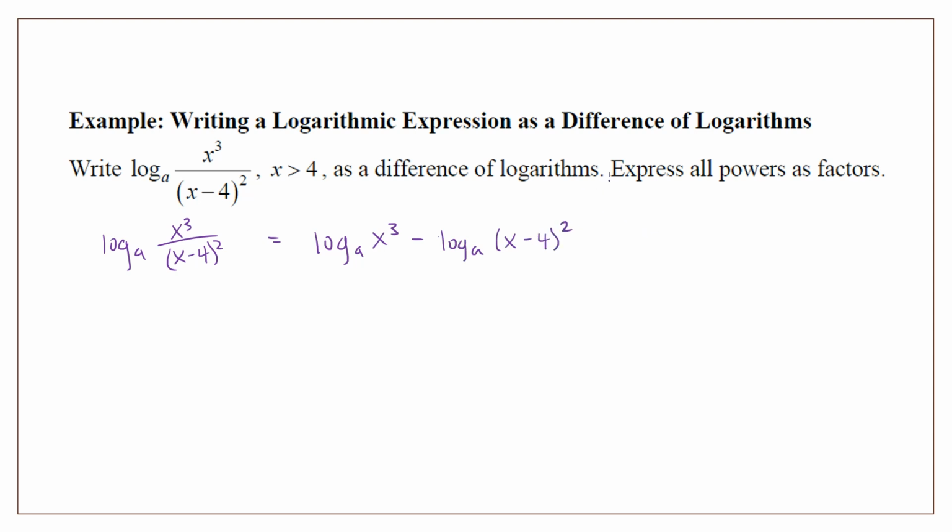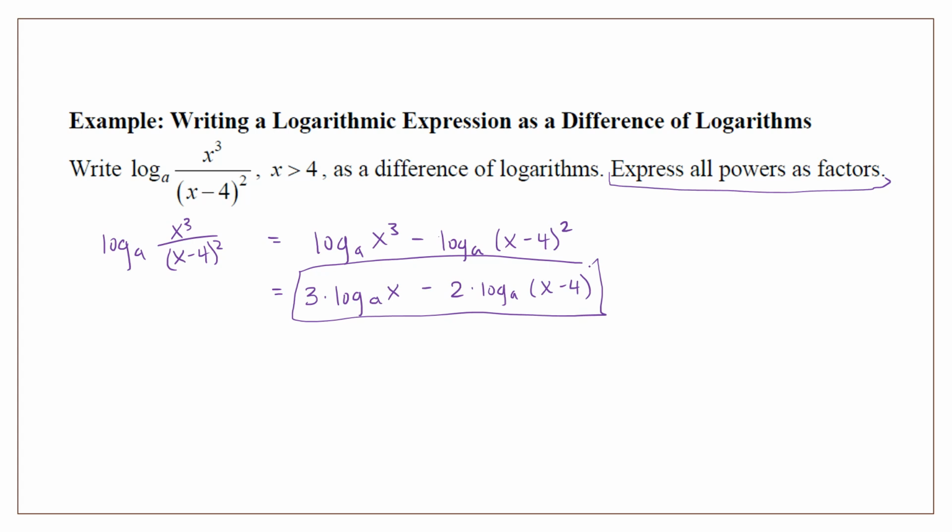Okay. Similarly, we have to express all powers as factors. So we're going to move our powers to the front. So 3 times log base a of x minus 2 times log base a of x minus 4. Okay. And now we've written our single log as a difference of logs.